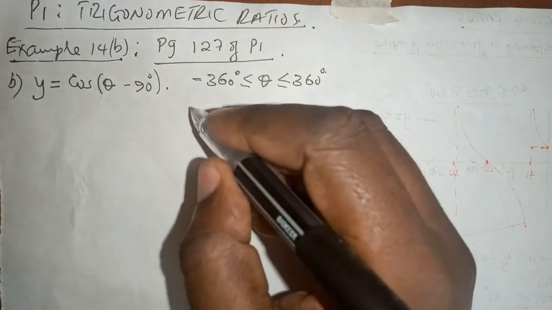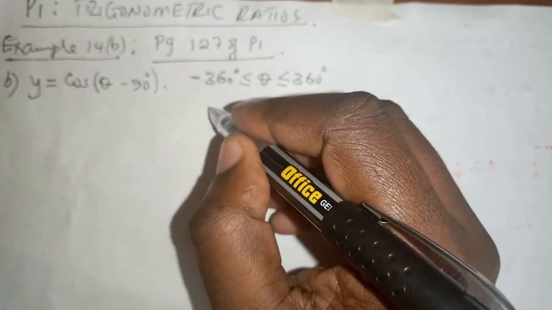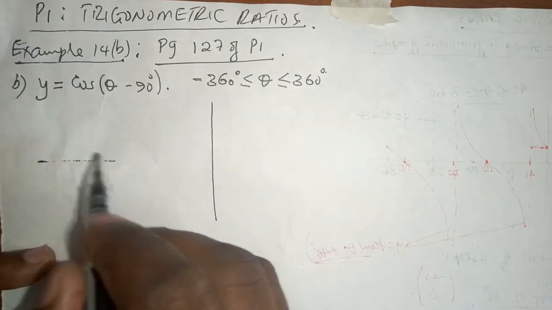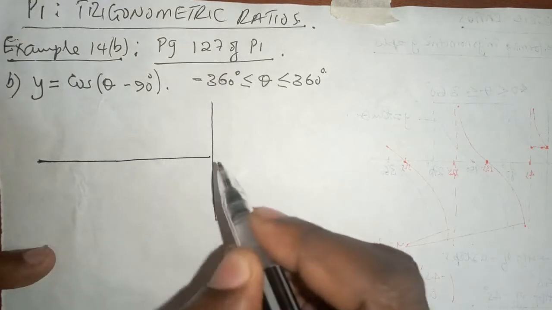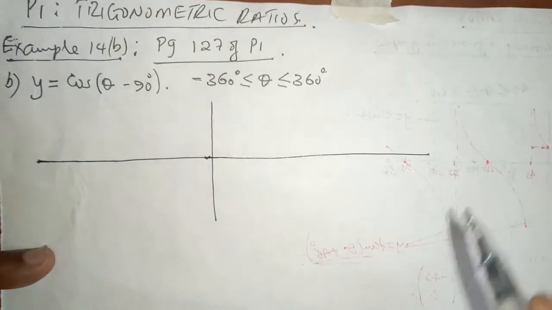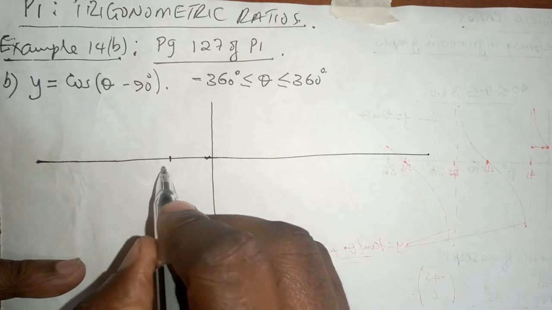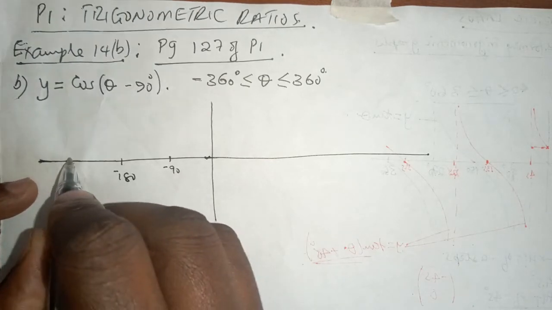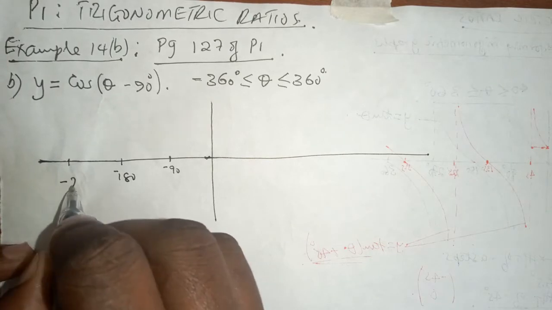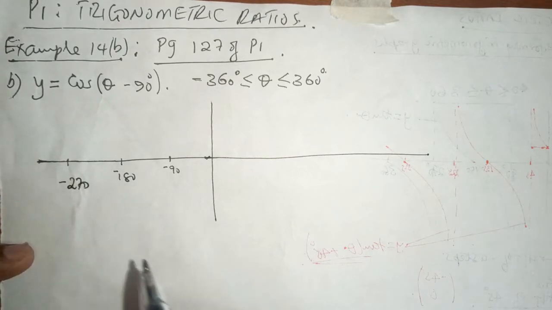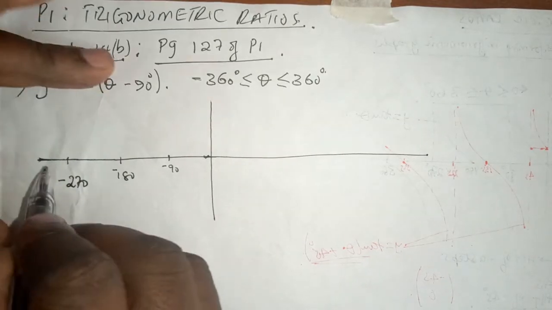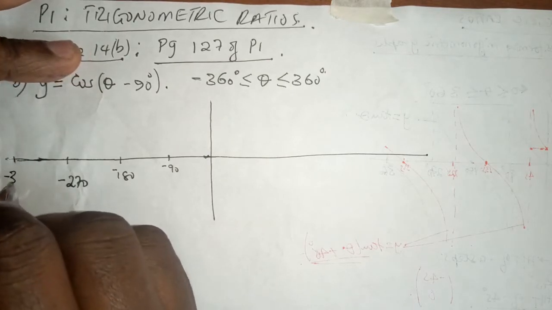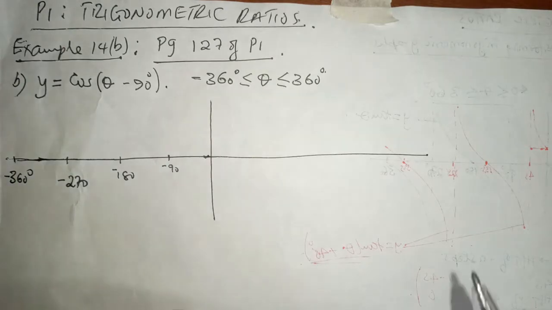So generally, we should start from the graph of the cosine of theta, and let's have it here: minus 90, minus 180, minus 270, and of course minus 360 degrees.